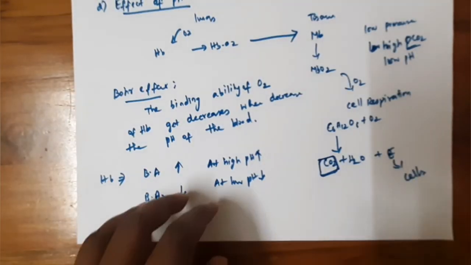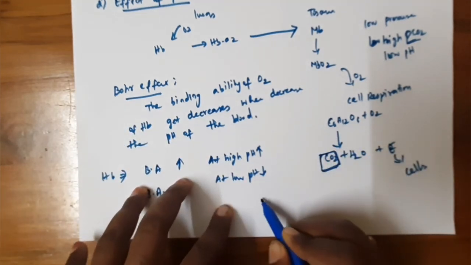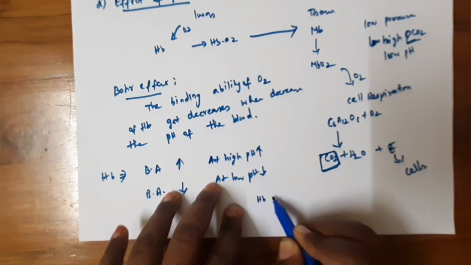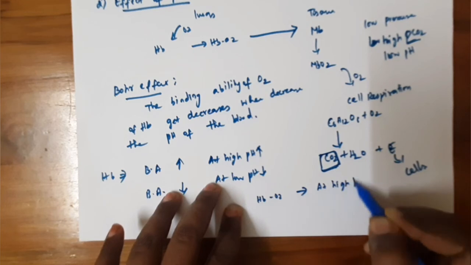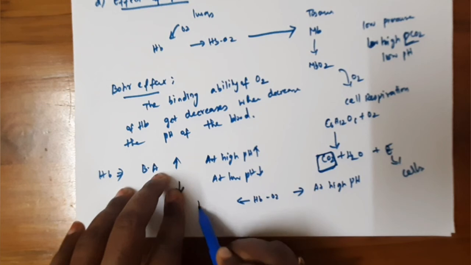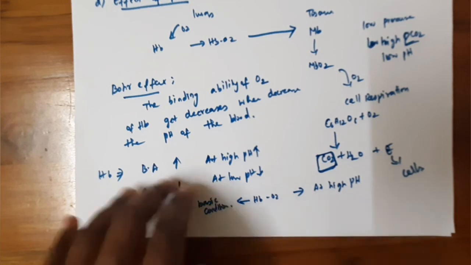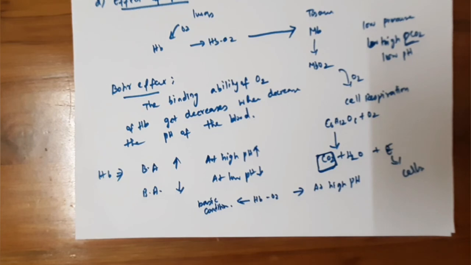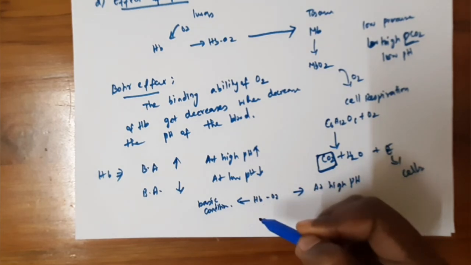So from that, the conclusion is that the binding ability of hemoglobin increases at high pH, in basic condition. Oxyhemoglobin, oxygen binding, is very important there.